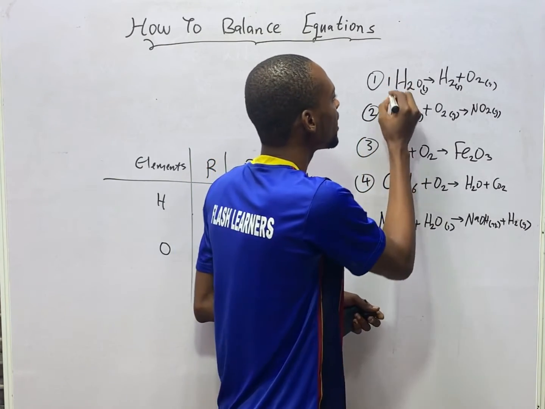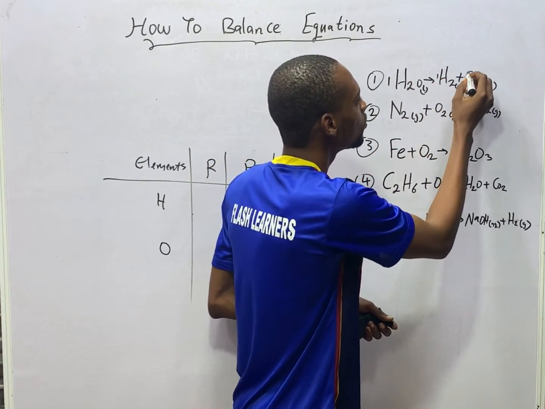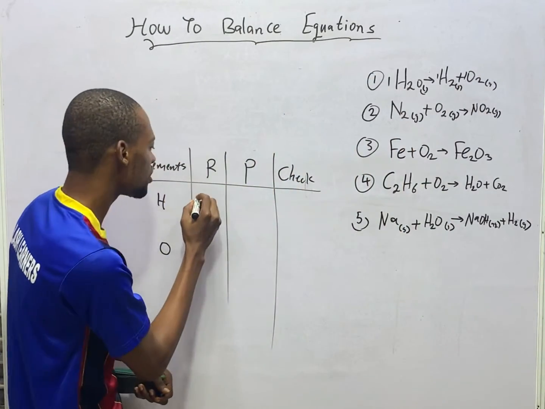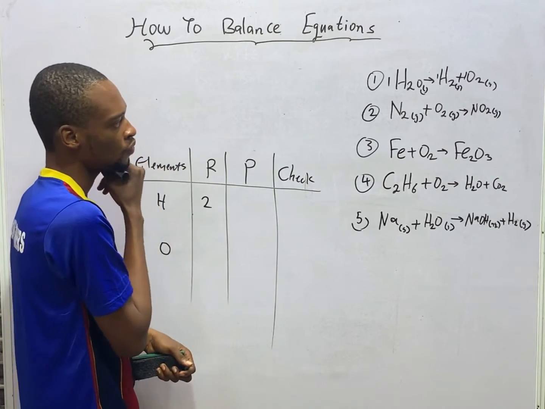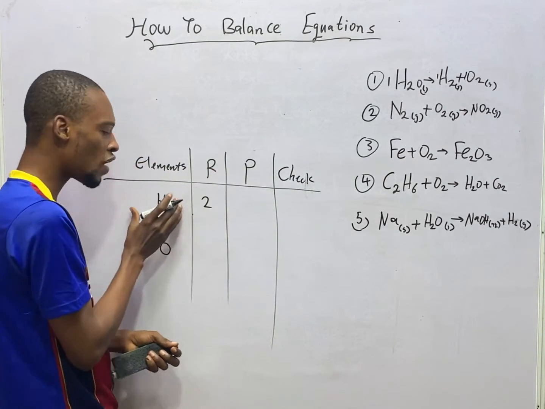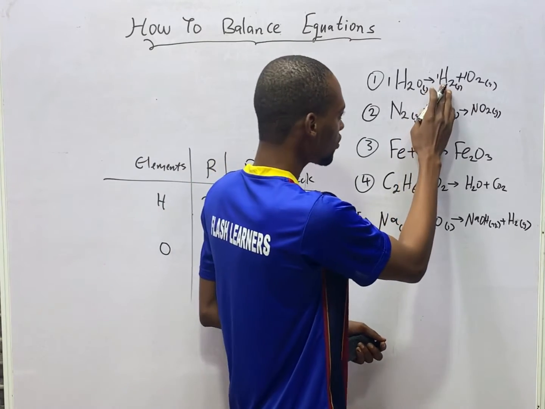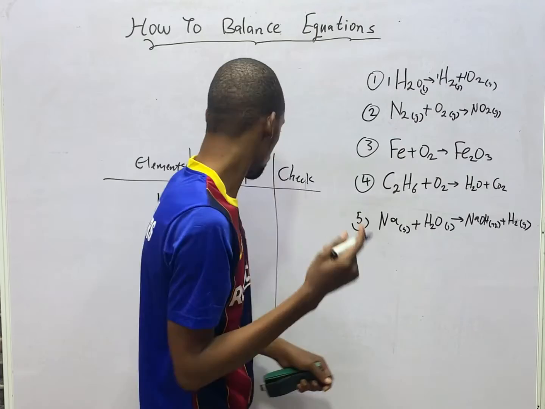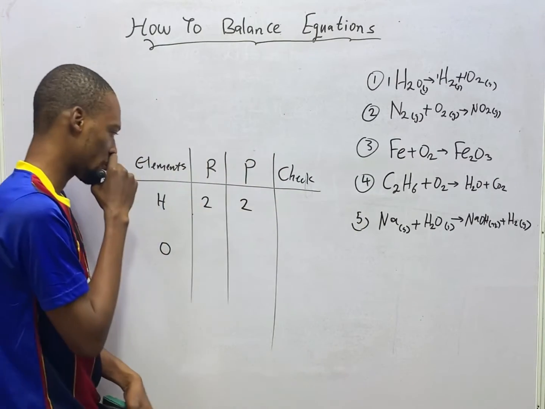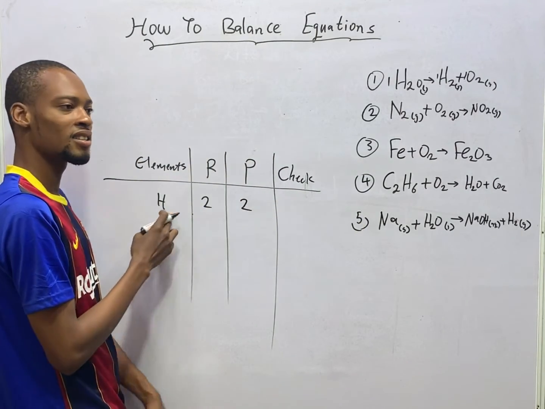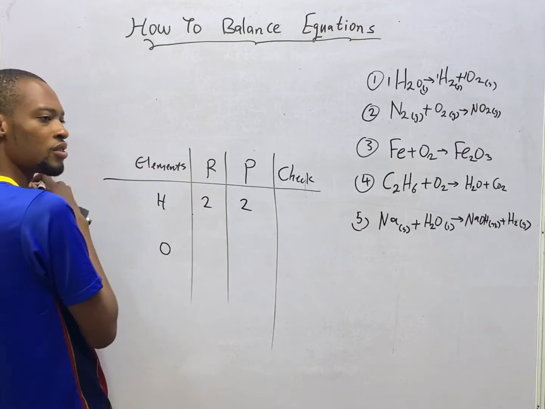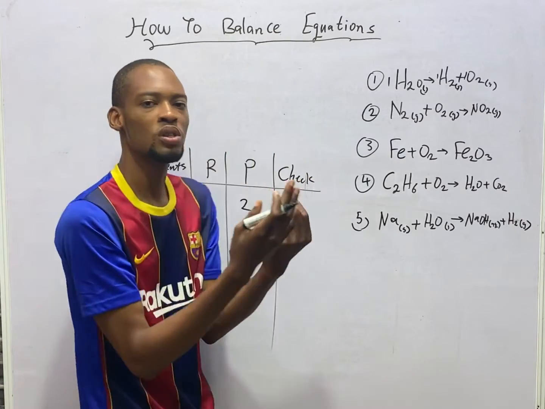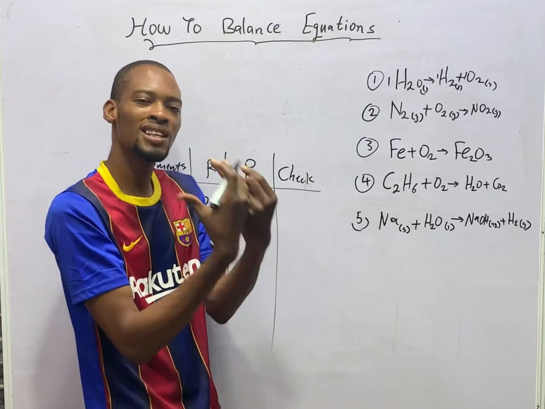This is the same thing as 1 H2, 1 H2, 1 O2. So 1 times 2 is 2. Hydrogen, 2. Let's look at the product side for hydrogen. How many hydrogen do we have here? H2. So 2. Is hydrogen balanced? Yes, because we have 2 in the reactant, 2 in the product. Or we have 2 in the left hand side, 2 at the right hand side, meaning it is what? Balanced.